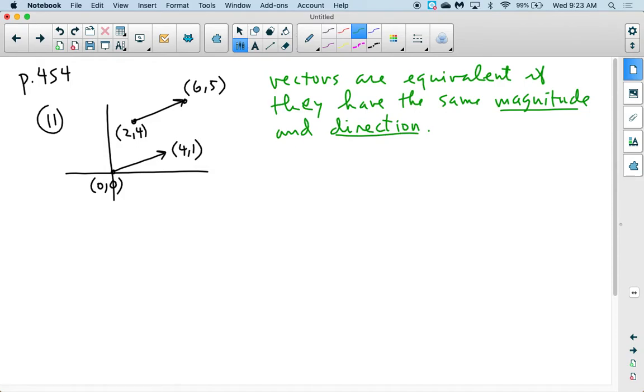Okay, so he labels one vector u and the other vector v. These are very common letters denoting vectors.